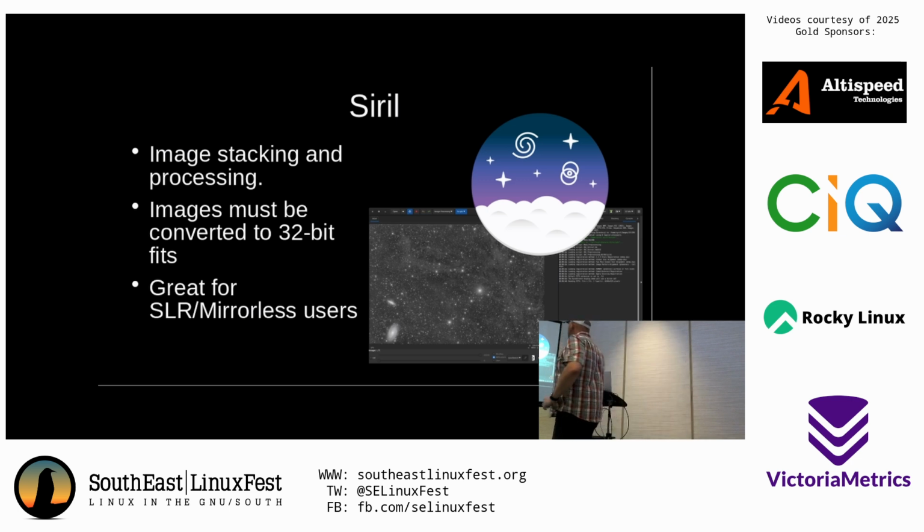Images must be converted, that's the thing. It doesn't really support camera raw, so I still use a DSLR for a lot of my imaging, but images have to be converted to a 32-bit FITS file, which is kind of the international standard for astronomy images. It'll do it automatically for you. It is kind of CPU intensive, RAM intensive mainly.